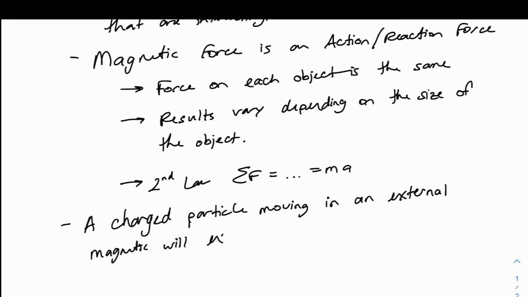We know that because the moving particle, let me be specific, the moving particle has its own magnetic field, and if it's moving in an external magnetic field, then we've got two fields interacting. So it'll experience a magnetic force that will cause it to move in a circular path.